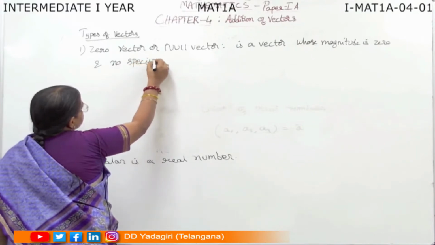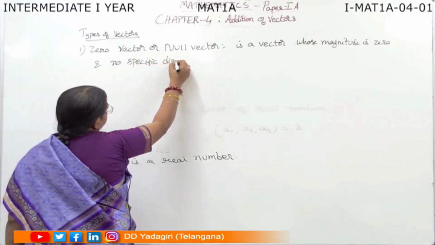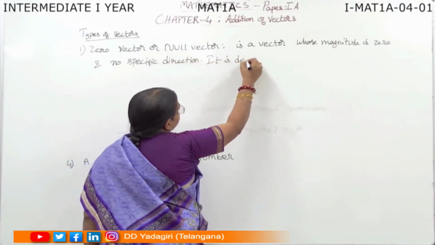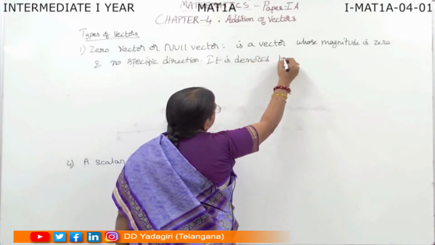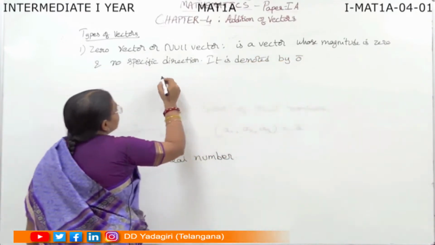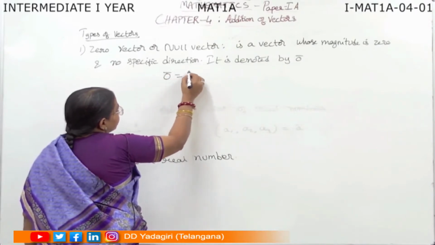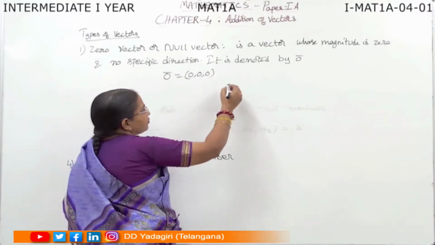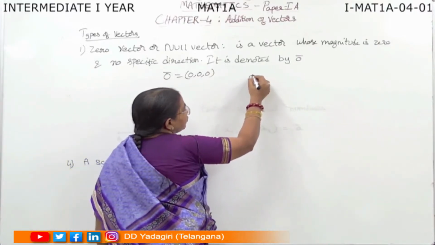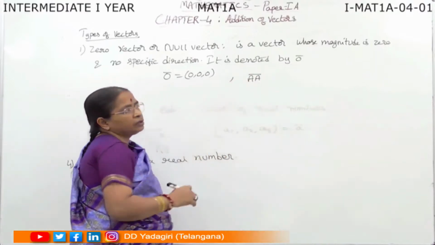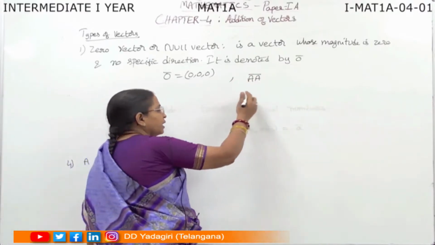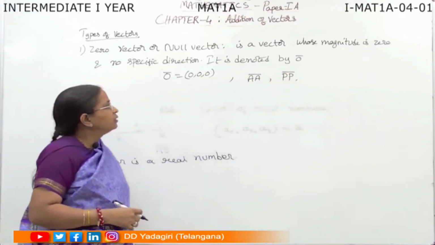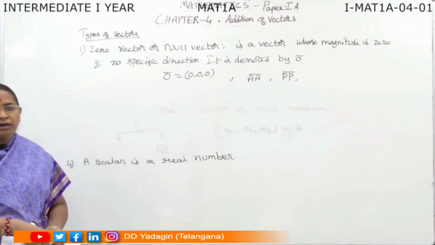It is denoted by just a 0 like this. So the zero vector is equal to (0, 0, 0). In terms of the notation AB, the initial and terminal points coincide. So you can also denote a zero vector like this, AA or PP. Initial and terminal points are both the same. So this is about the zero vector.